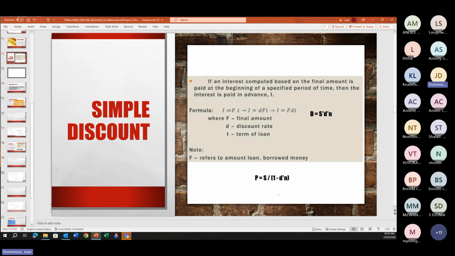If you need a definition: where an interest computed based on the final amount is paid at the beginning of a specific period of time, your interest is paid in advance, so you get that bit of discount on that interest that is paid in advance.